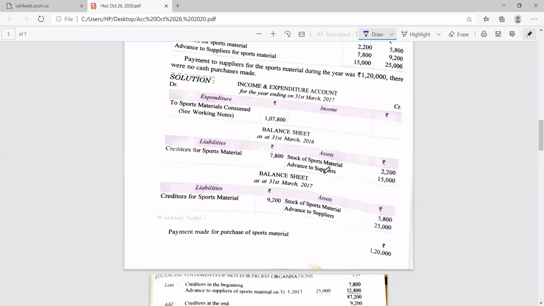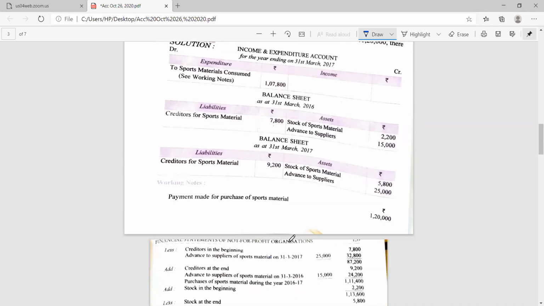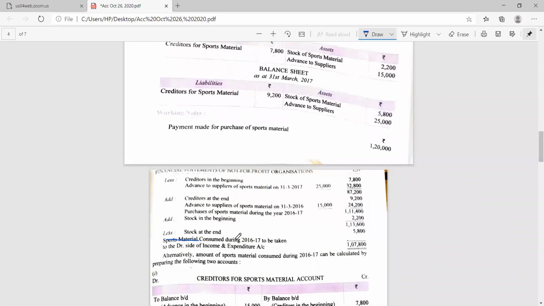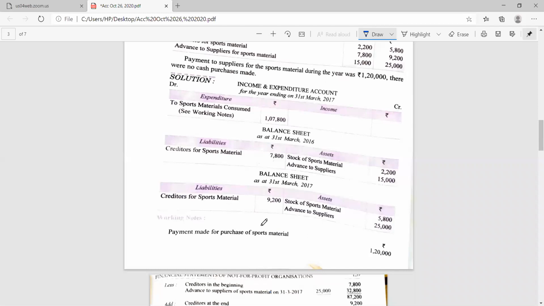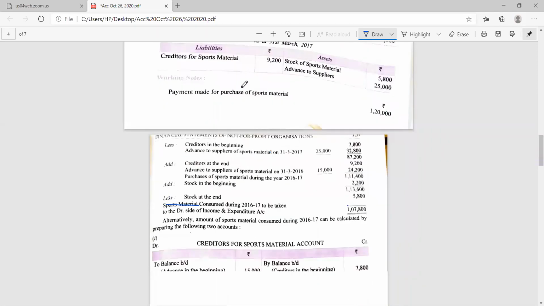Whatever the closing balance is related to creditors, stock, and advances given is to be shown in the closing balance sheet. The opening balances are always shown in the opening balance sheet. The closing balances are always shown in the closing balance sheet. And with the help of the working note, whatever the material consumed is calculated, it is always shown in the income and expenditure account.